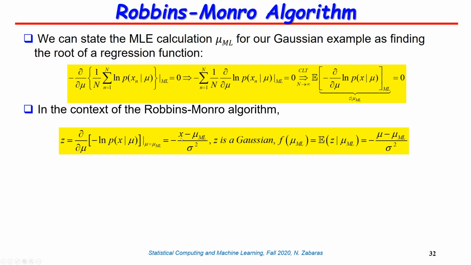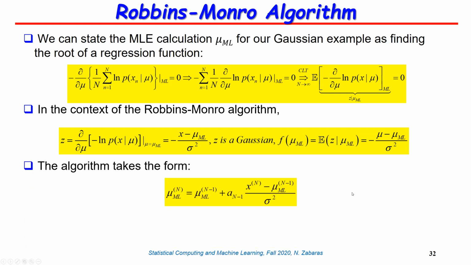What we have access to are these noisy observations, and if we take the Robbins-Monro formula for updating the parameters, the parameters theta in the Robbins-Monro equation are now my MLE estimate for mu. So I'm going to have my previous estimate, plus an update once I see point xn. So this is my learning rate.